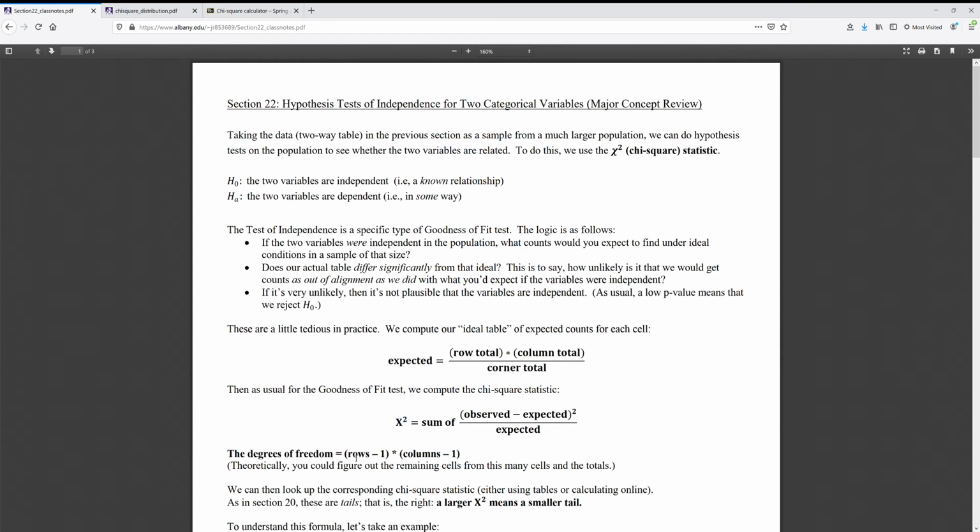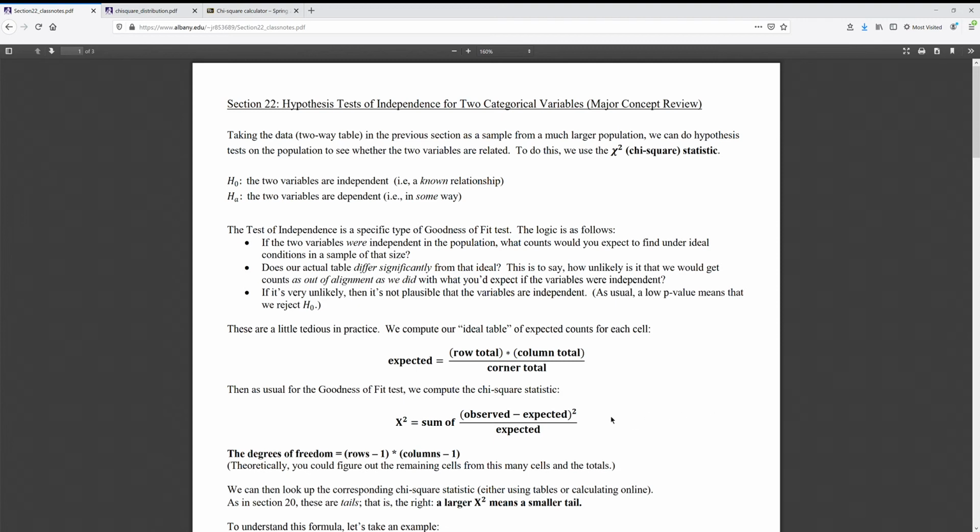The degrees of freedom is the number of rows minus 1 times the number of columns minus 1. The reason for this, and you can figure this out with a little experimentation, is that if you know the counts in any sub-table, minus 1 row and 1 column, then you could theoretically figure out the remaining counts in that last row and last column.